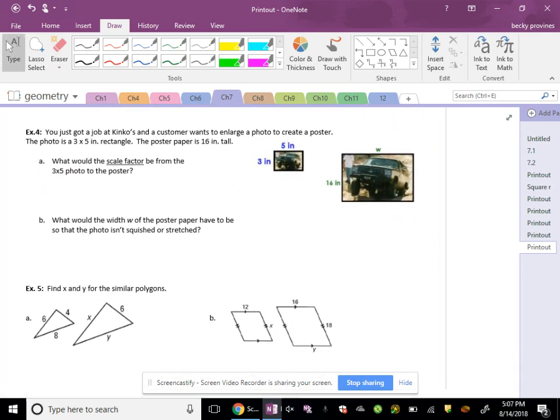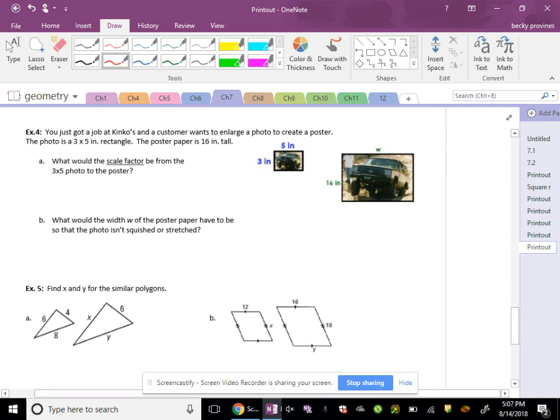All right, so we're going to go to Kinko's or someplace that enlarges pictures, and we want a poster. And what would be the scale factor of this picture? All right, so we have a picture that's 3 by 5, and we want to go to 16 by what?